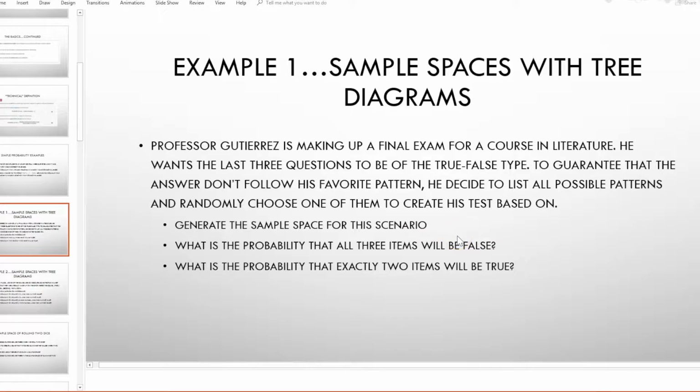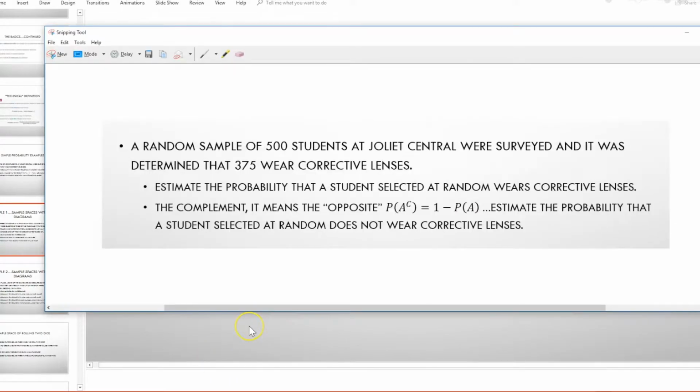Okay, going into this one, we are dealing with sample spaces and tree diagrams. So a lot of times here, we don't necessarily know all the different outcomes, so we've got to kind of map them out on our own here. So let me go ahead and snip tool this.